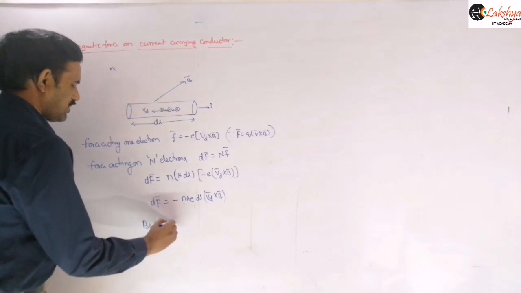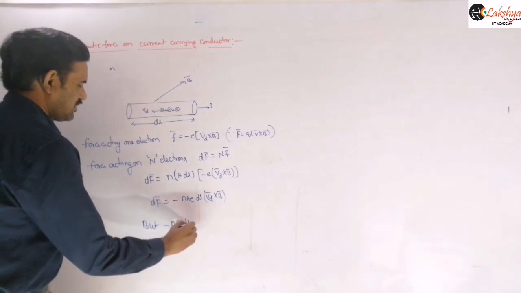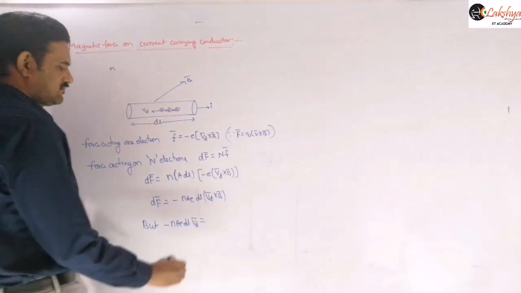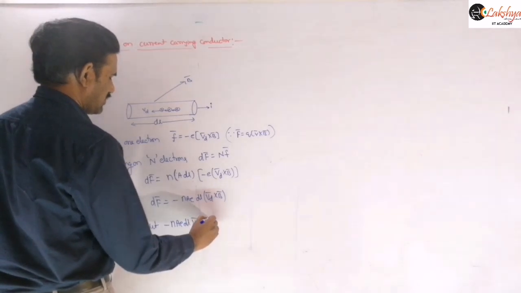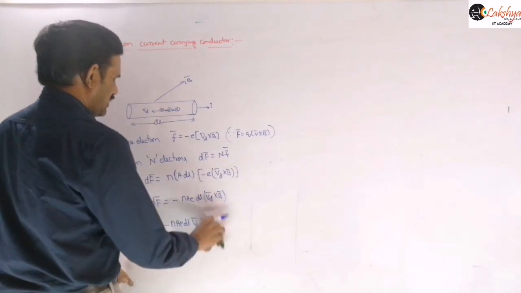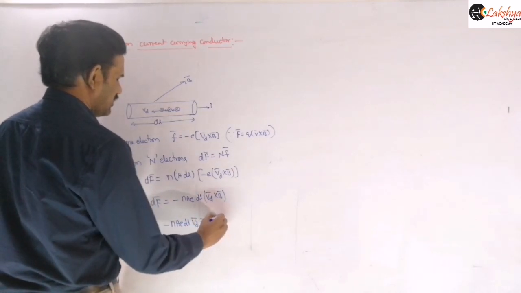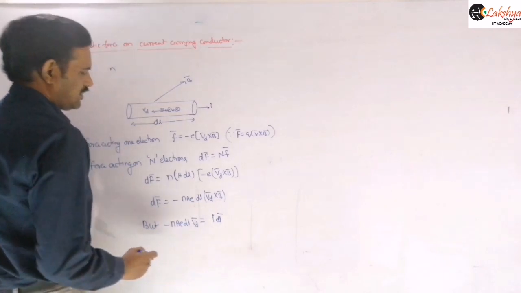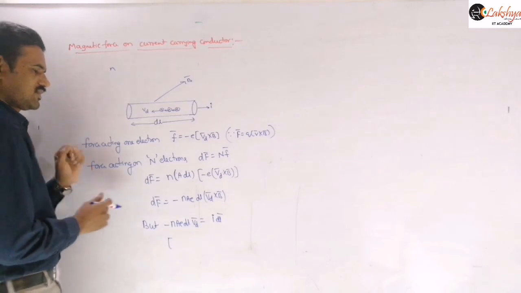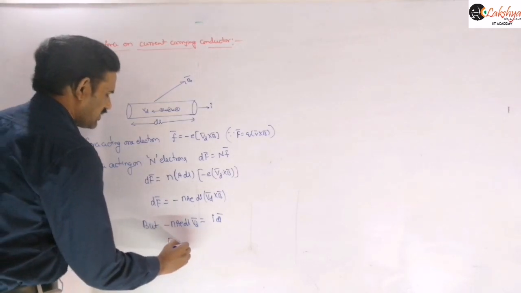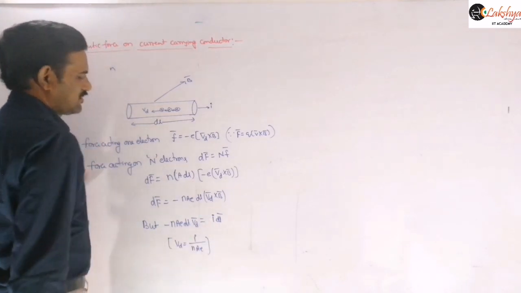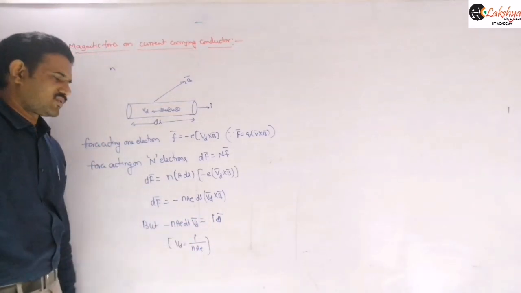This value can be written as n into I into dl bar, because the Vd expression we can write as Vd is equal to I by nAe, or I is equal to Vd into nAe.